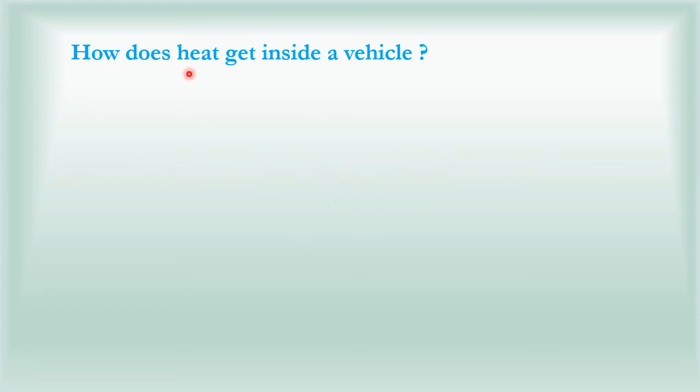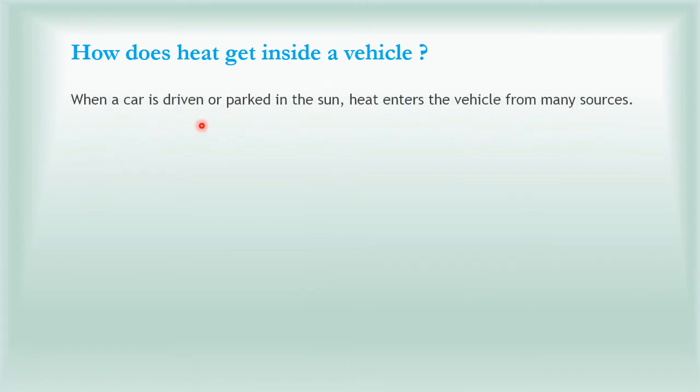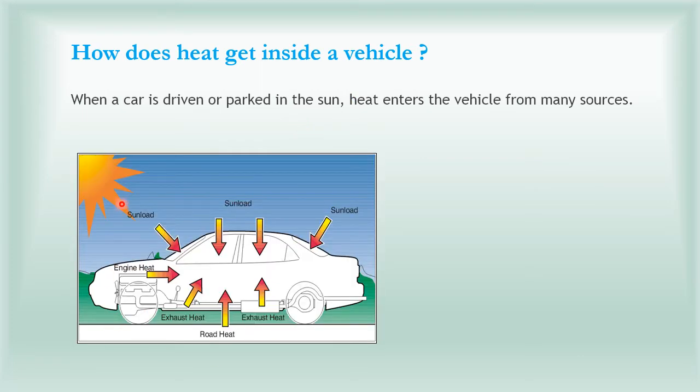Now another question arises, how does heat get inside the vehicle? When a car is driven or parked in the sun, heat enters the vehicle from different sources. The major source is the sun. Here you can see in this figure, the major sun load causes the rise in temperature of this car. Another heat source is engine heat.